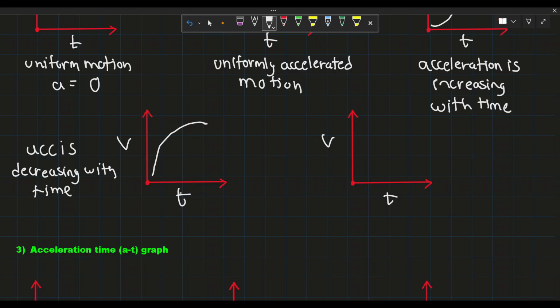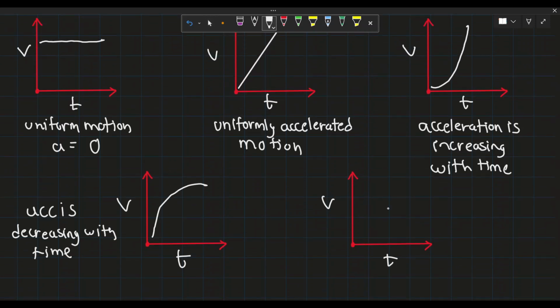And your last graph being this, where you have an uniformly accelerated motion, but the acceleration is decreasing with time. So acceleration is uniformly decreasing with time.